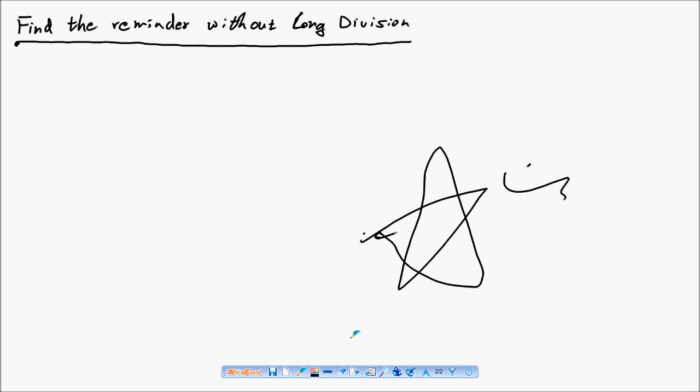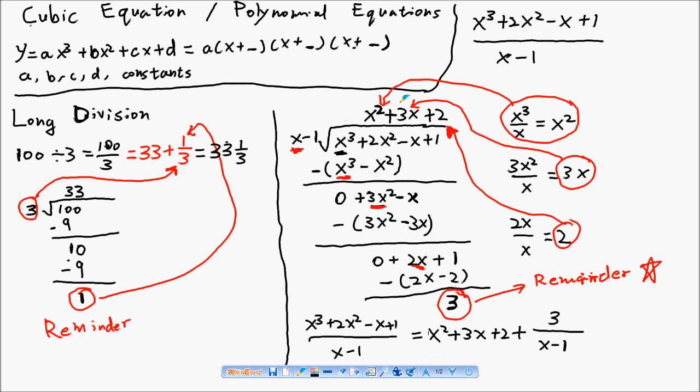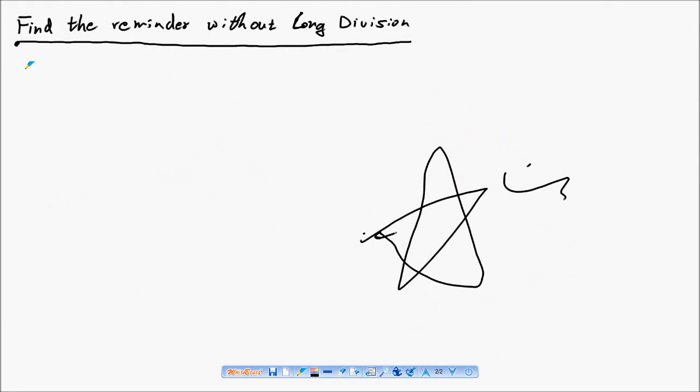For instance, let's use the example here. When we divide x cube plus 2x square minus x plus 1 by x minus 1.